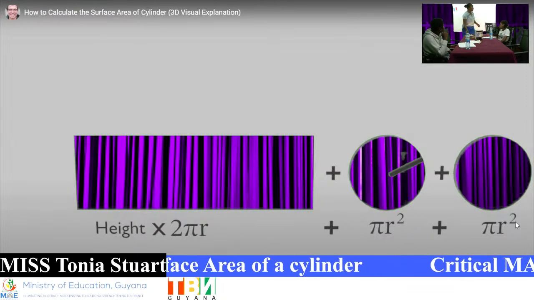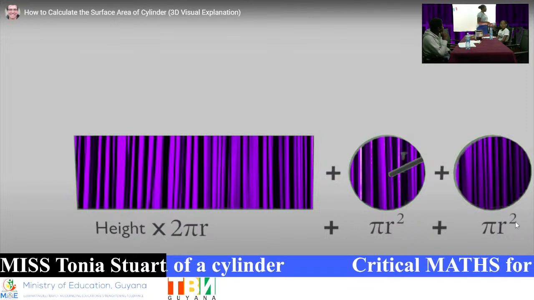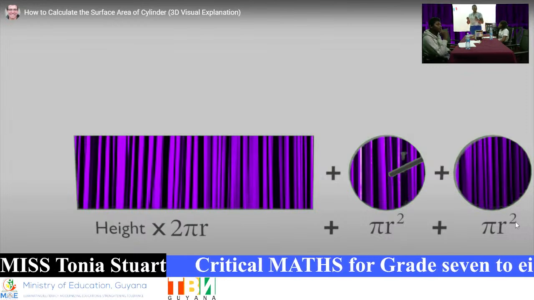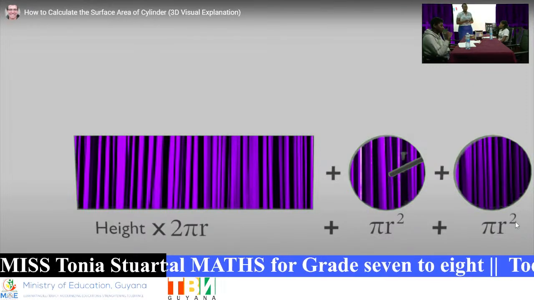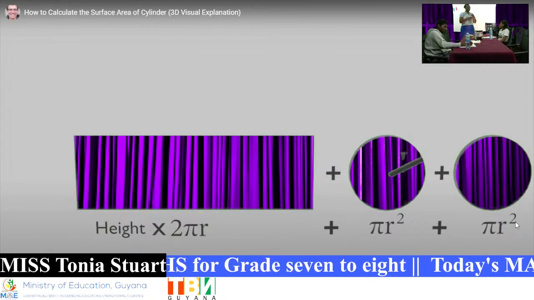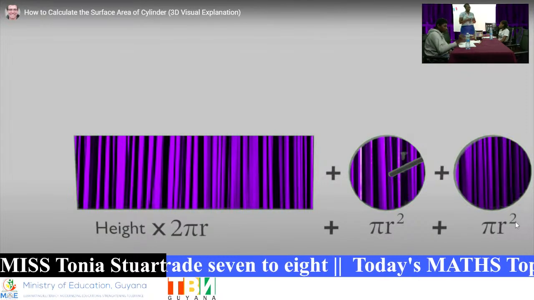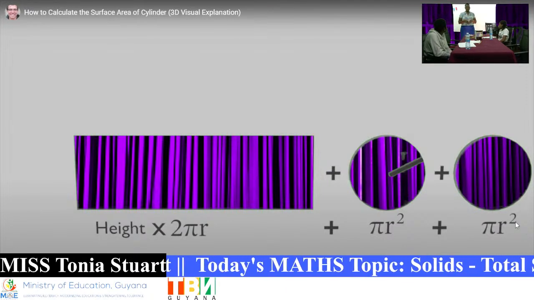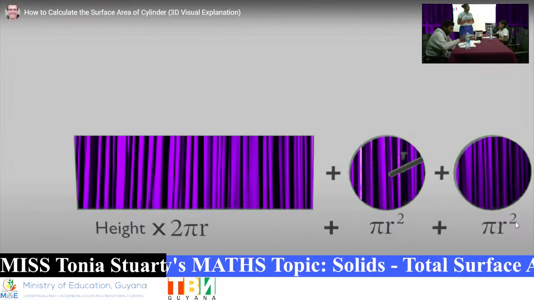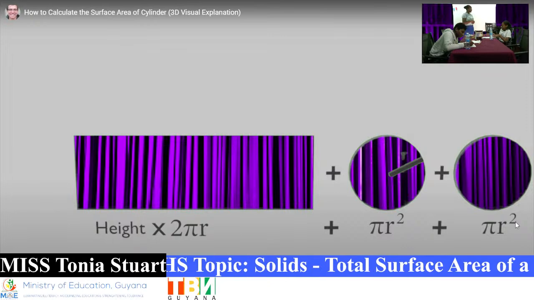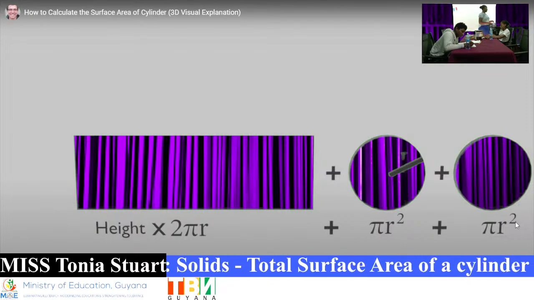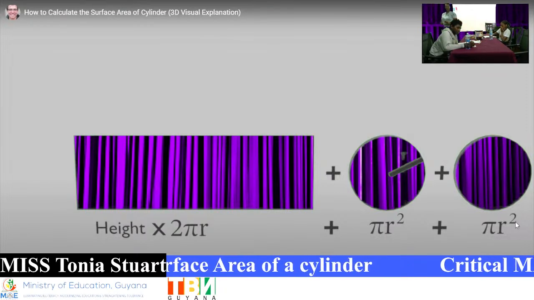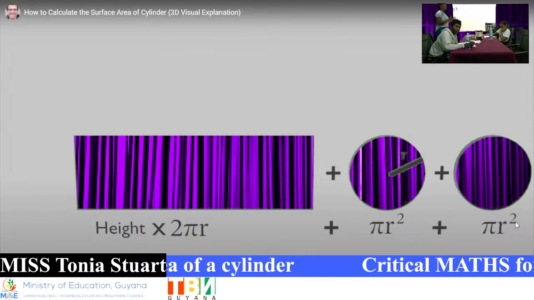So that is why you would have seen in the formula, height by 2 pi r, because 2 pi r represents the circumference of a circle. If you can recall from your previous grades, 2 pi r is the formula to find the circumference. So sketch the formula down quickly. Sketch the rectangle and the circle too, so you have an idea of what you're looking at visually.